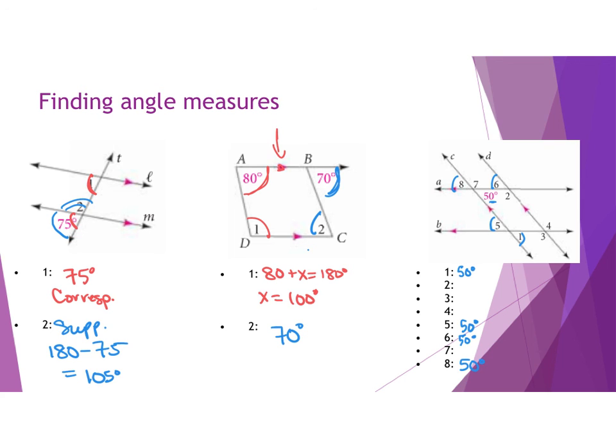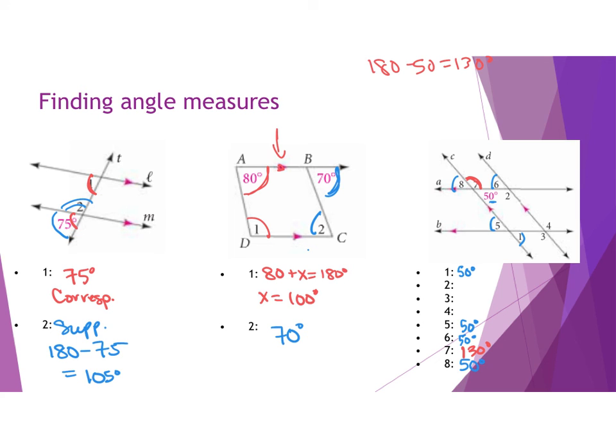The rest of these look like they're obtuse angles. So what I'm going to do to find my obtuse angle, I'm going to use the fact that angles 7 and 50 are what we call supplementary. So if I go 180 minus 50, that gives me 130 degrees. So angle 7 is 130 degrees.